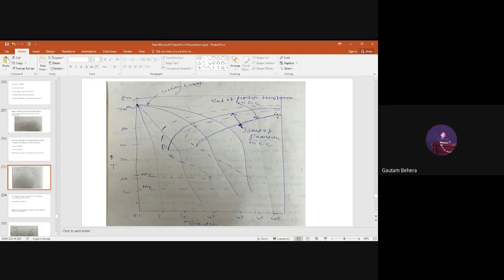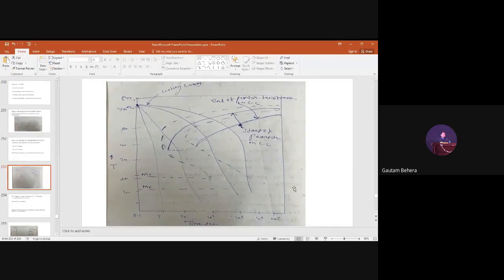Shifting means that the rate of transformation is changing, right? So the kinetics of transformation, or the rate of transformation, is somewhat different in the CCT diagram as compared to the TTT diagram, because of this continuous cooling. In the TTT diagram we are cooling isothermally, but in the CCT diagram we are cooling the steel continuously.